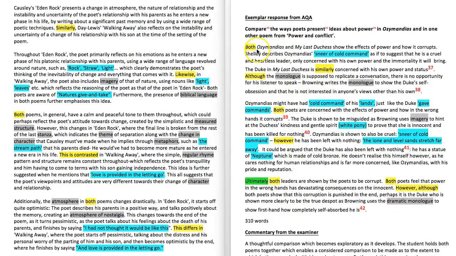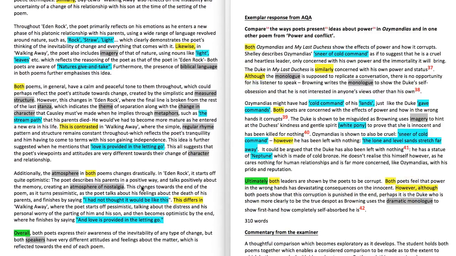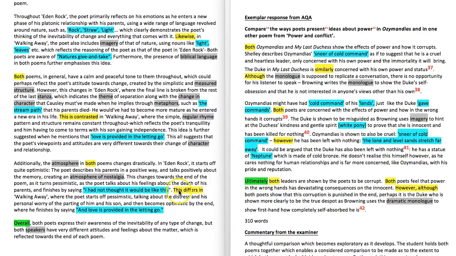So you can see that making constant comparisons is going to give you that well-structured response that the examiner is after. In the examiner's response, there are more contrasts. So although, however, and however. And in Eleanor's response, we have this differs and this is contrasted.